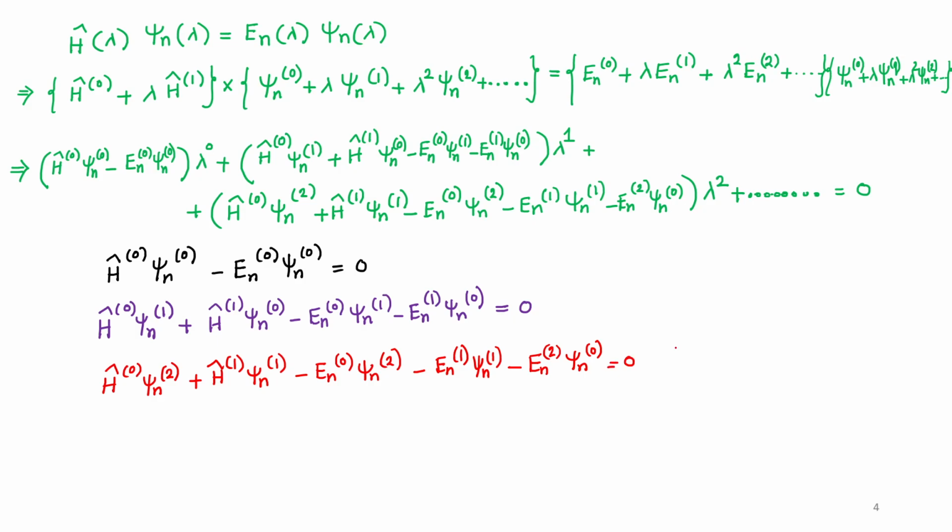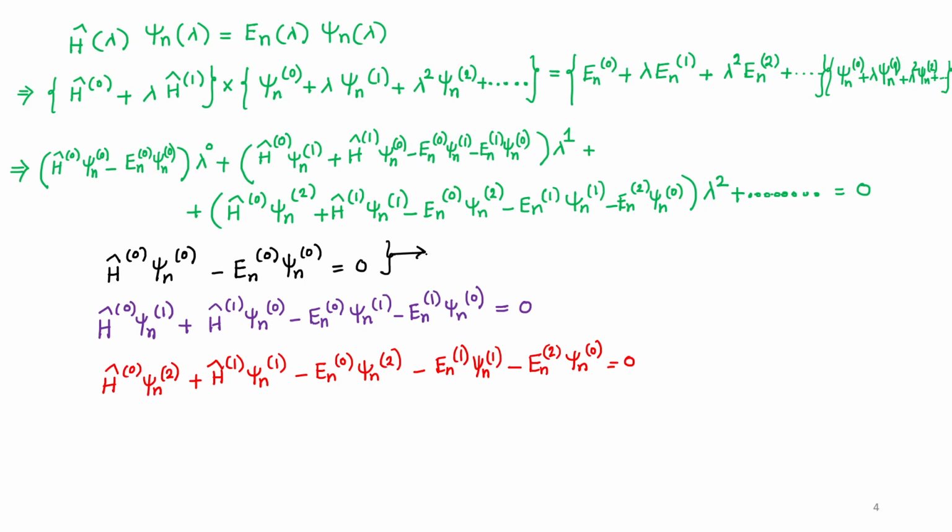This has to be equated to 0. Then only we can say that this overall equation is going to be 0. These are the conditions, and this is the individual information we can get.